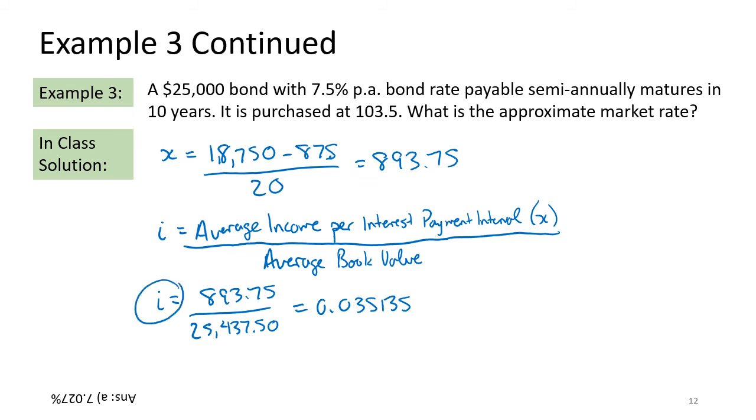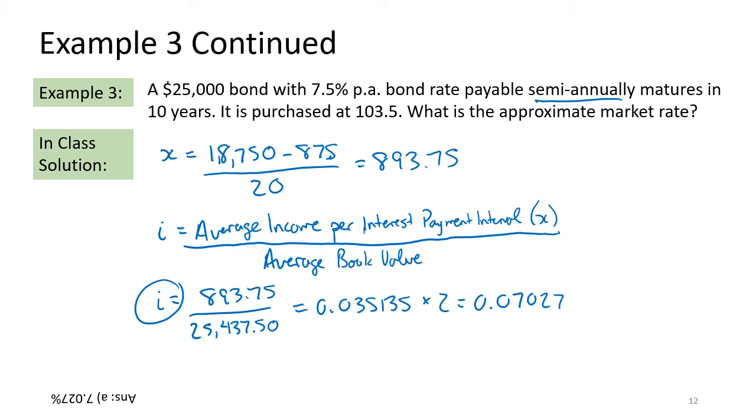If you want the market rate, remember it has to be a nominal rate. So we have to multiply that by how often they're paid, which is semi-annual. So you multiply that by 2, and you get 0.07027. It's actually a repeating decimal that keeps going.